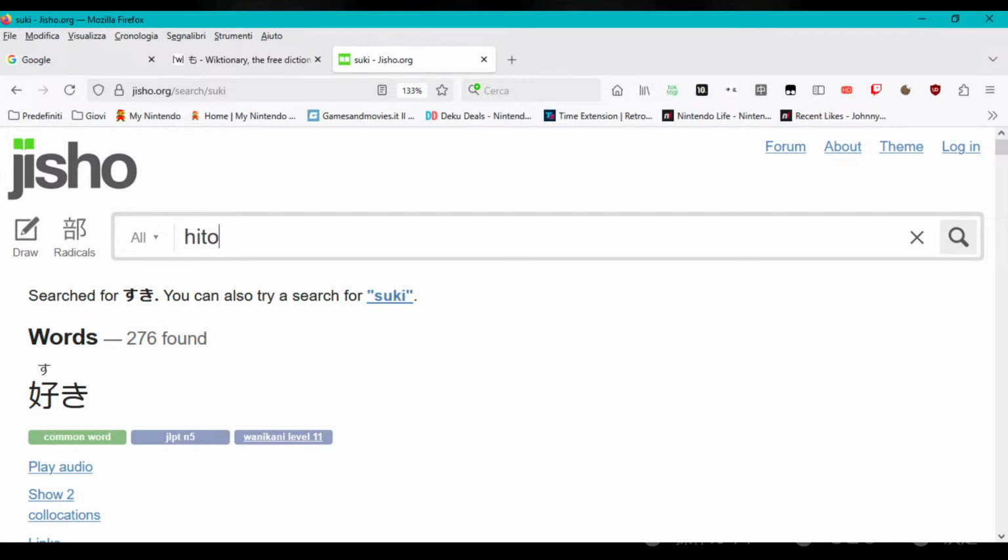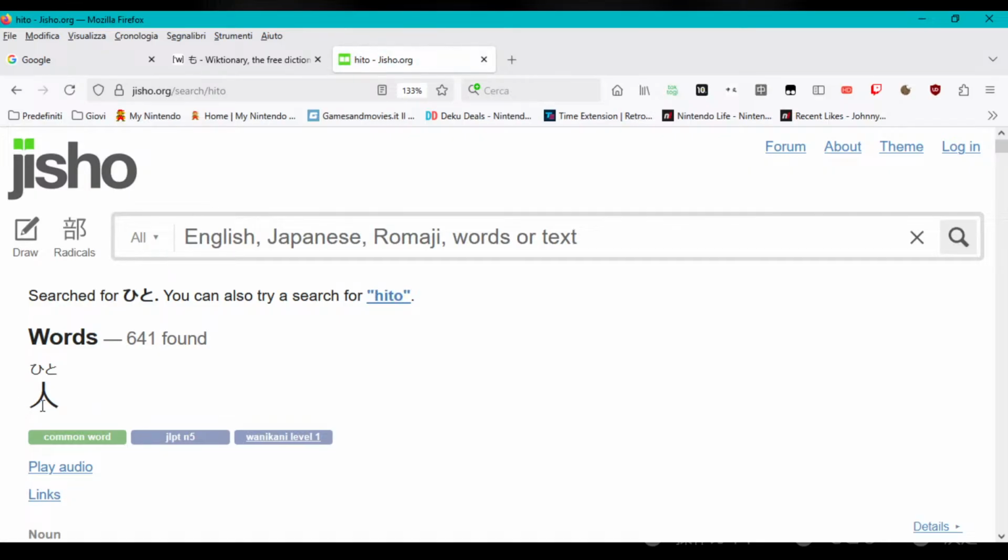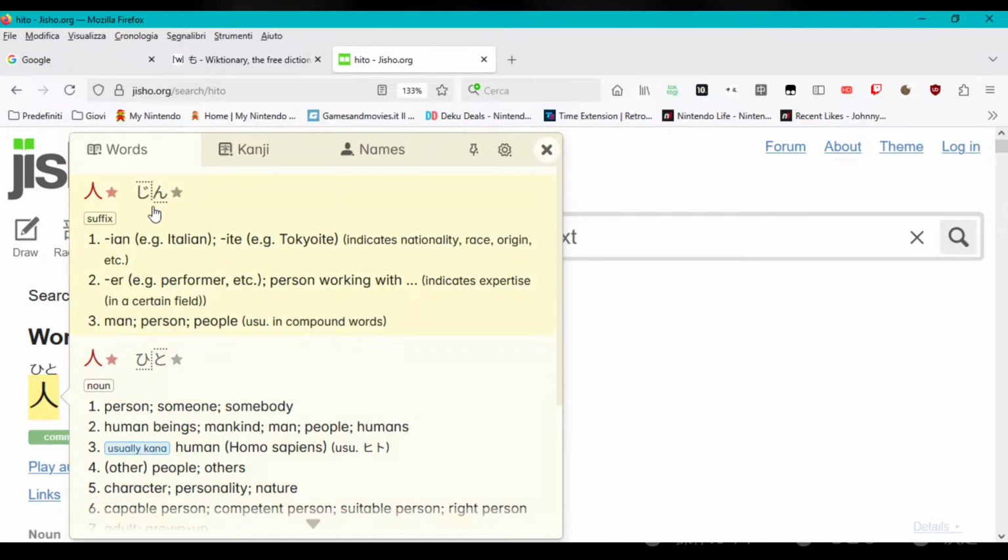So with the word, we can see it now, thanks to the hiragana we've studied today. Hito, never mind the other reading. Hito, unaccented, person, as in generic, a person. Human beings, mankind, of course, other extended meanings, but this is the most common, the most basic word for person. Sukina hito, the person you like.